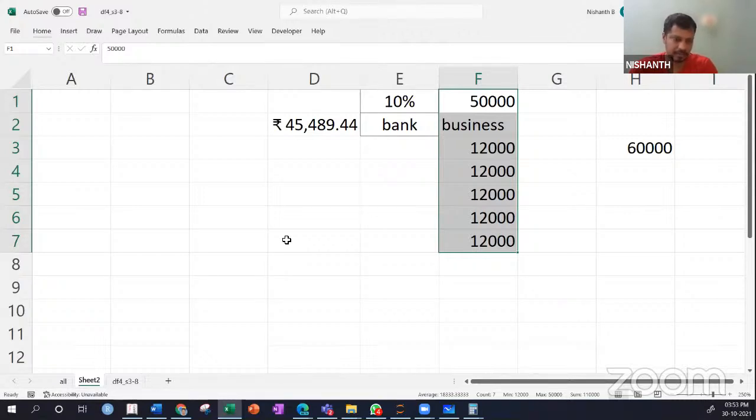Any e-commerce company like BigBasket, Flipkart, Indian e-commerce companies? Then Zomato, Swiggy, Uber, Ola. Any of these companies making profit? None of them are making profit.